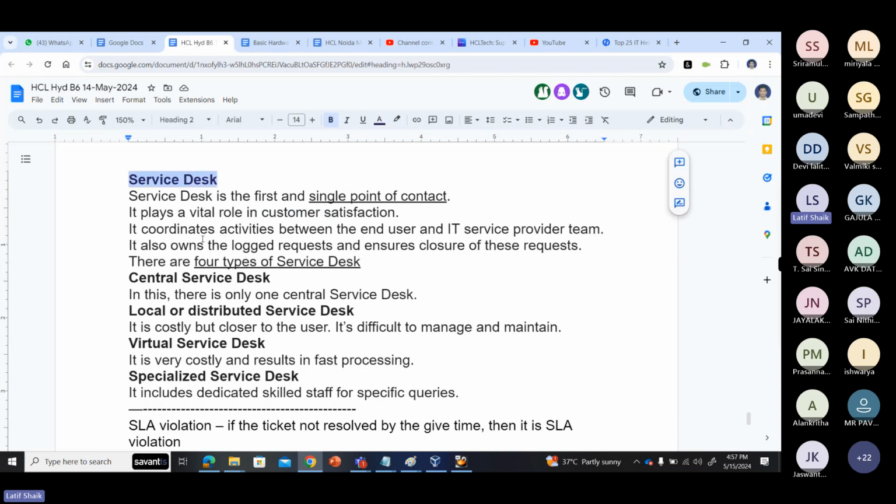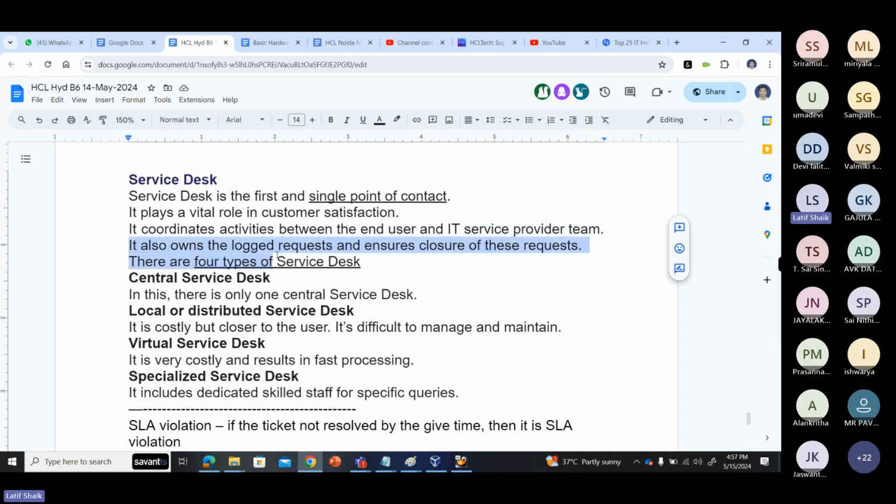The service desk will take the information and support the customer as per the customer's requirement or needs. So it coordinates activities between the end user and the IT service provider team. That's why it is SPOC, between the end user and the IT service provider team.